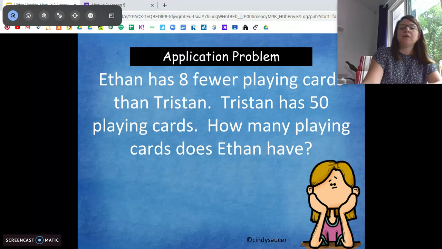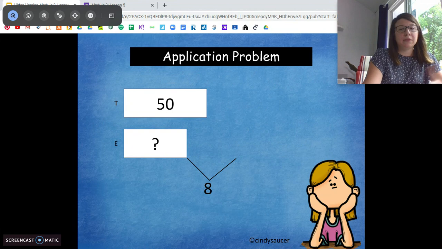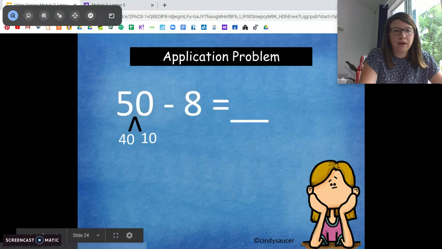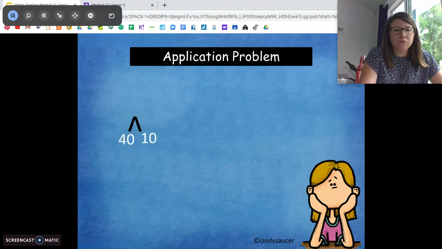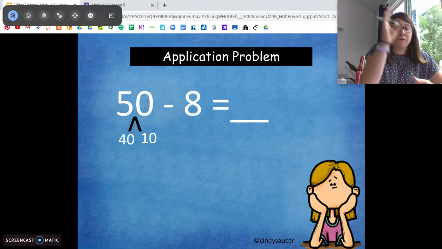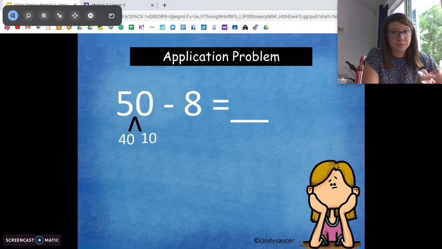Ready? Okay. So you should have set your problem up. This is showing you the tape diagram. We need to figure out that he has fewer. Okay. So there's our subtraction sentence. Now, they broke this down into 40 and 10 because we know our 10 subtraction facts.